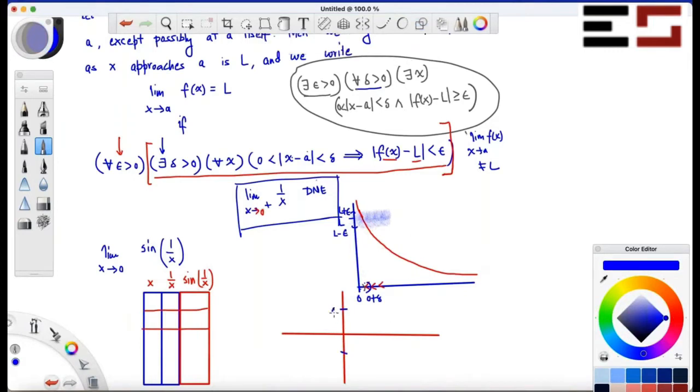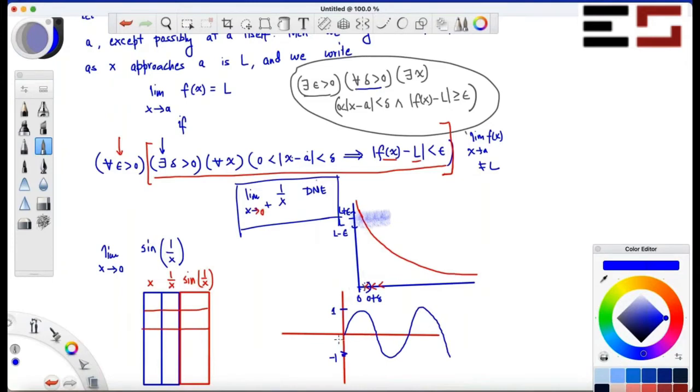So this is 1, this is -1, and its graph looks like this.